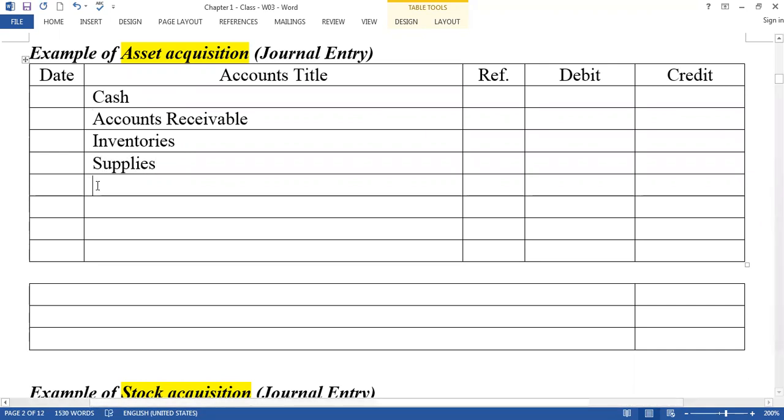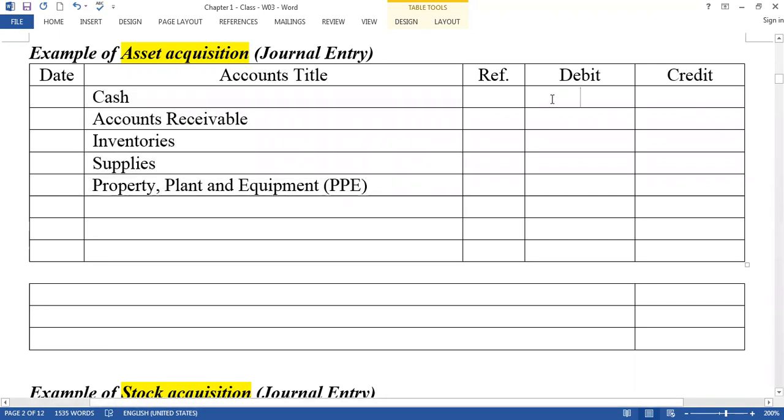You can buy my company's property, plant, and equipment. Something like you can buy my land, you can buy my building, you can buy my equipment. It is commonly called property, plant, and equipment.